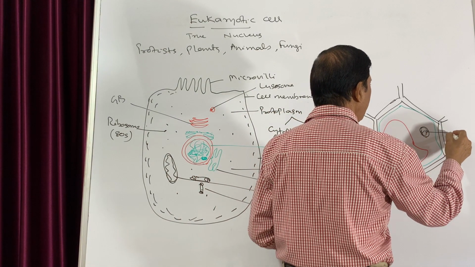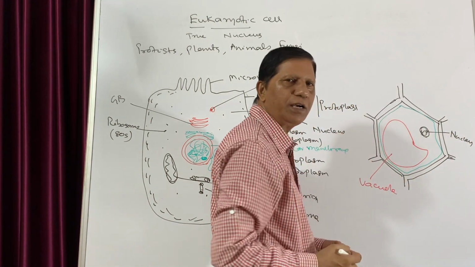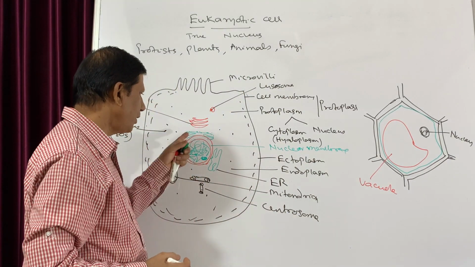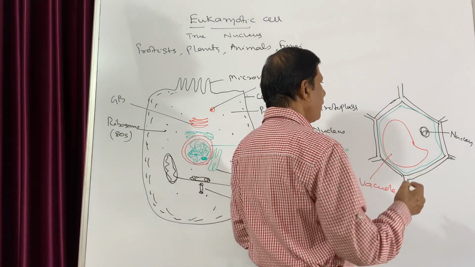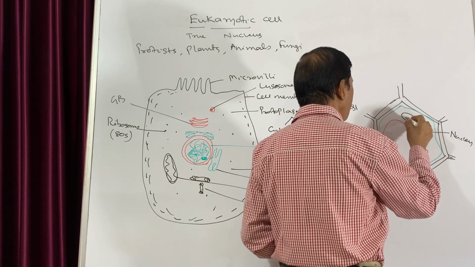This is the nucleus, and this is the vacuole. It is pushed to the periphery and it is lengthened. But here the nucleus occupies the central position. In addition to this central vacuole, here you will get chloroplast.